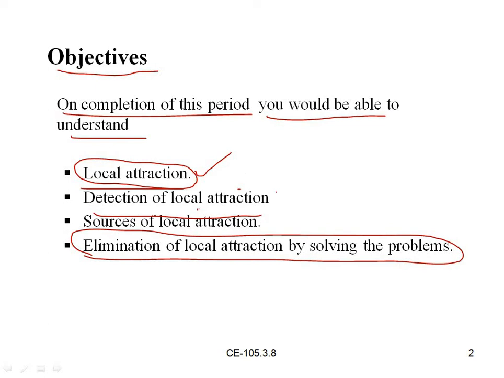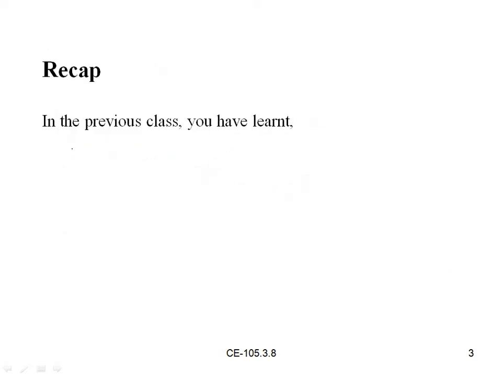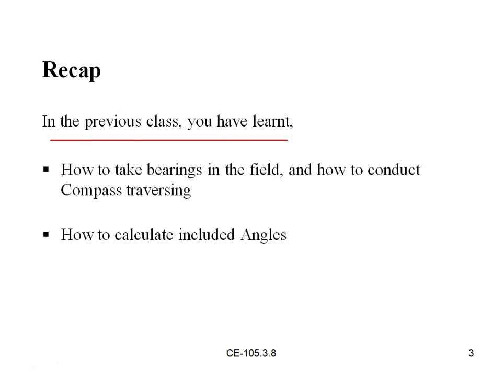Due to this local attraction our instrument faces some problems and errors. So how to detect that, how to rectify and correct it, we will see using some local attraction problems. In the previous classes we learned how to take bearings in the field and how to conduct compass traversing.